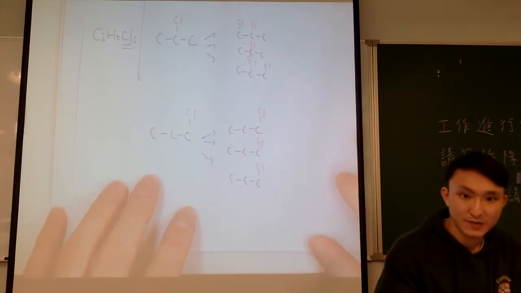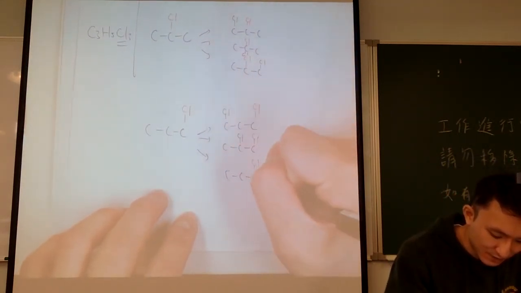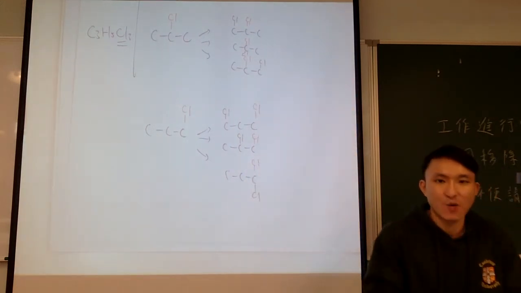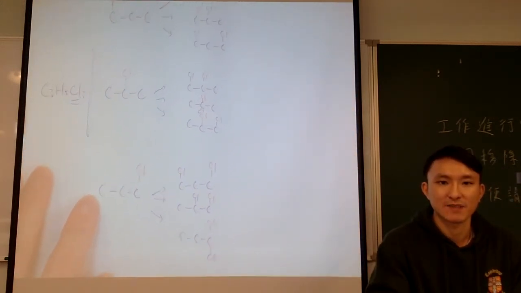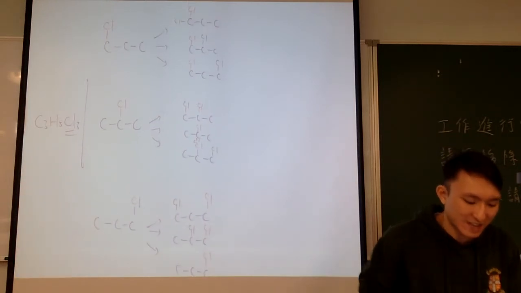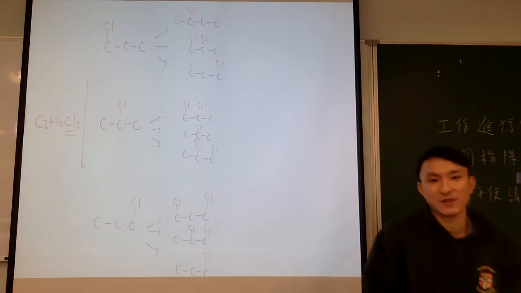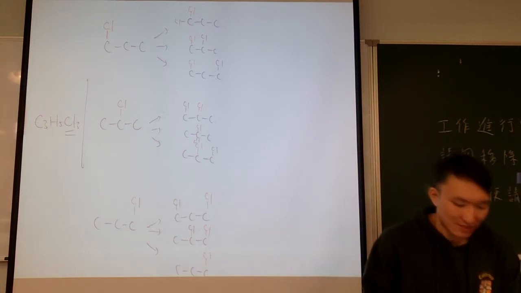Cl, and then for the second chlorine, again 1, 2, 3 position. So now we have 9 possibilities. Okay, now here. Because if I want to repeat these steps again, then I will have 9 times 3, so 27. That is quite a lot.